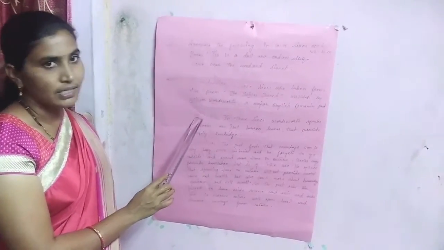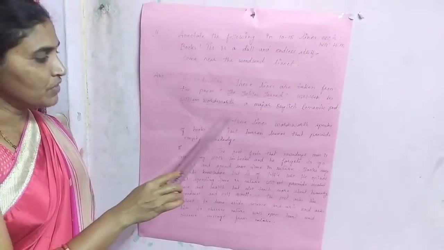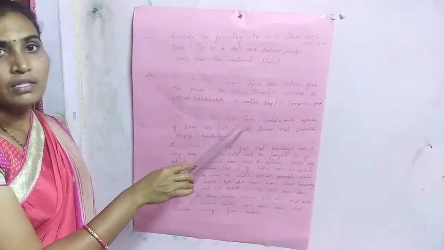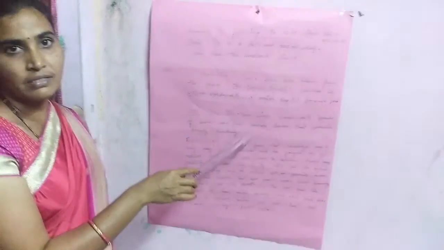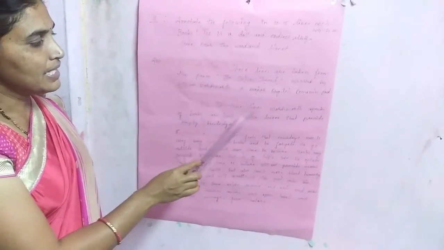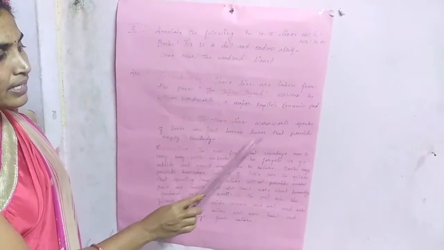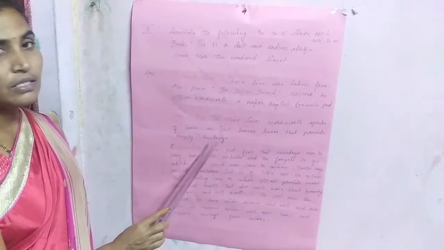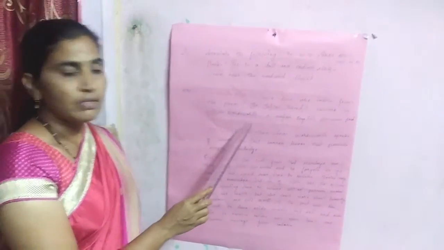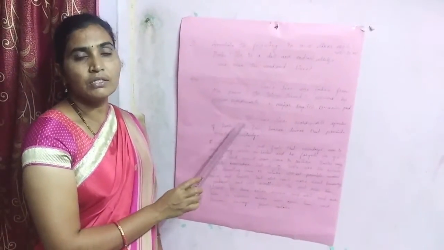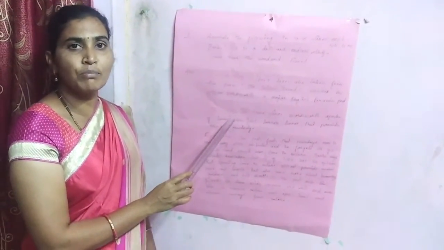Then come to context. Context means in which situation these lines were written or spoken by the writer. In these lines, Wordsworth speaks of books as just barren leaves that provide empty knowledge. So according to Wordsworth, he has given less importance to books.